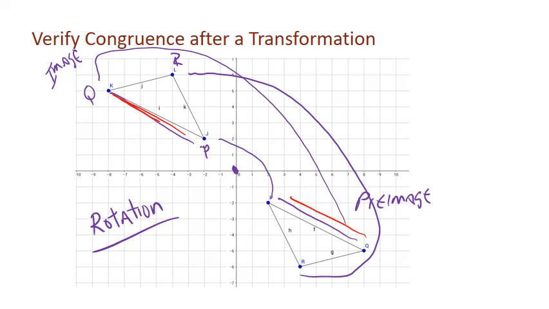And in a different color, QR should be equal to KL. Okay, that's looking good so far. And then that would mean that RP or PR should be equal to LJ, JL. All right, we're going to see if that's true.